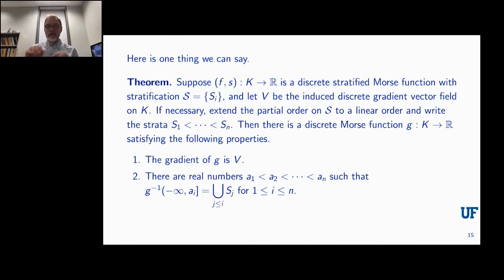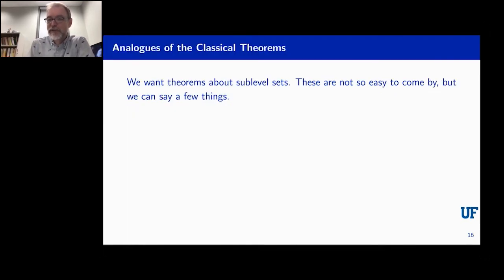In other words, you can have function values being very small, say in a one stratum, and then when you go to the two stratum adjacent to it, the function values might be enormous. And there's no restriction on that. There's nothing in the definition that causes any problem there. I'll have more to say about that later, but there's no relationship between the function values as you move from strata to strata. So there's not really any kind of sense of continuity here. Not that you would expect. It doesn't even mimic continuity. That's what I would say.